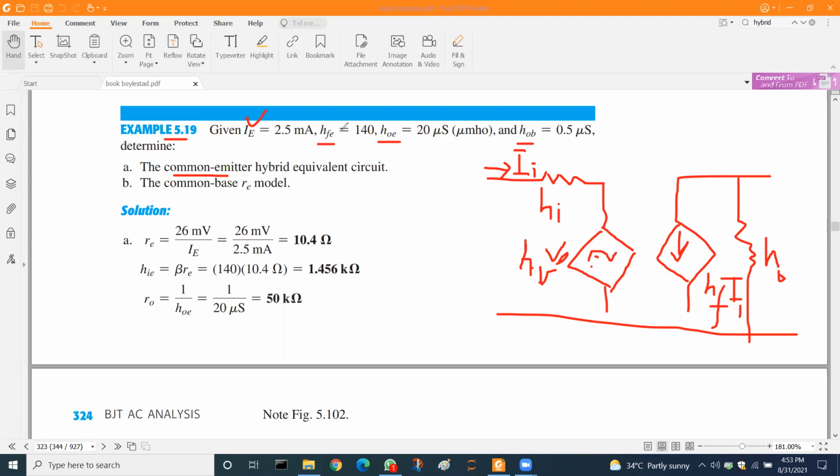And what we are given are three parameters, and we need to find the two more parameters. So how do we find the two more parameters? We use the RE model. So first we find the value of RE. When we get the value of RE, then we use this formula: HI is equal to beta RE. So this way we find the value of the HI.